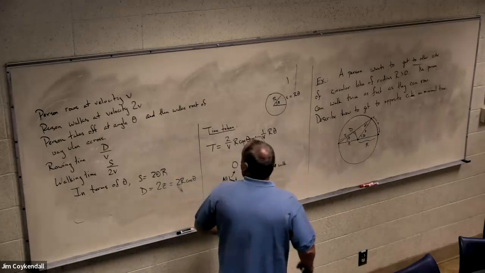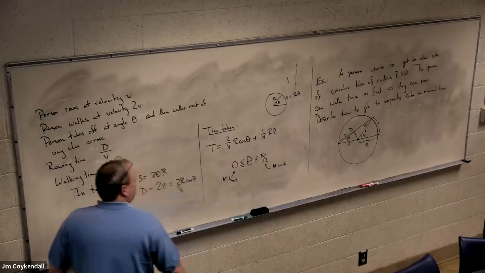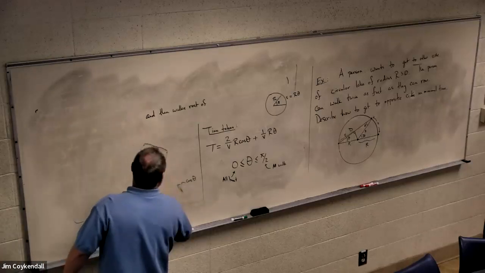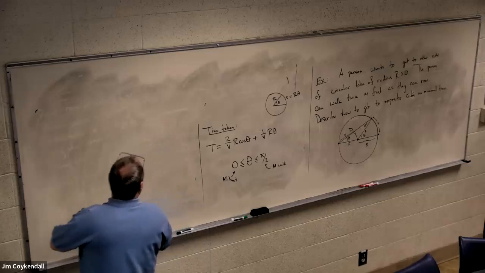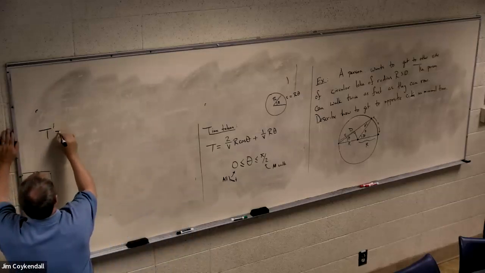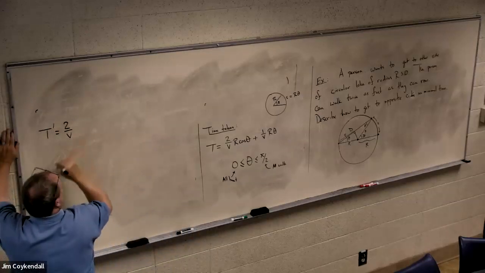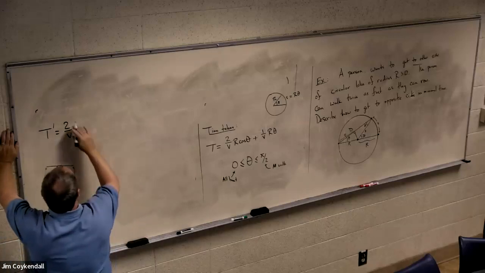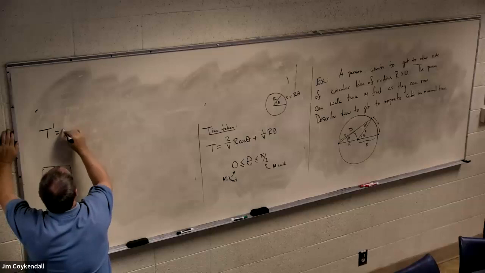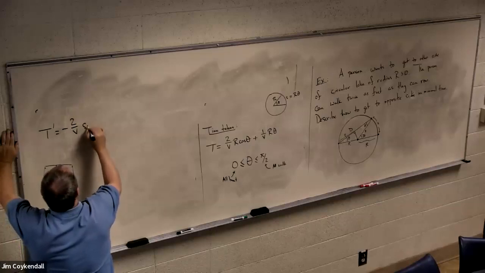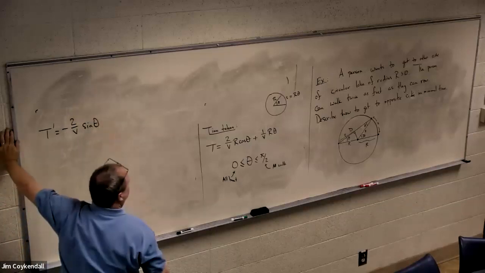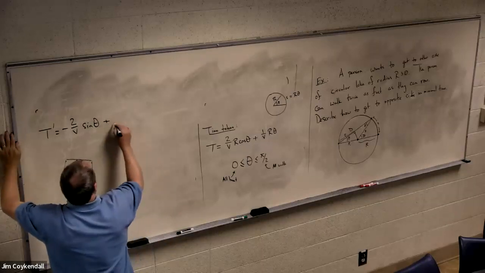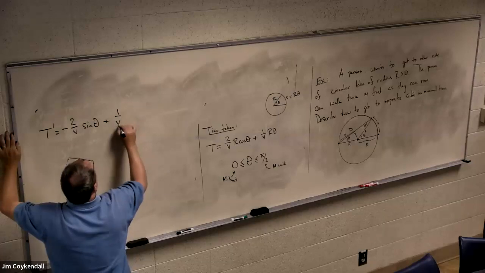So let's do this. T prime is 2/v times minus 2 sine theta, plus 1/v.